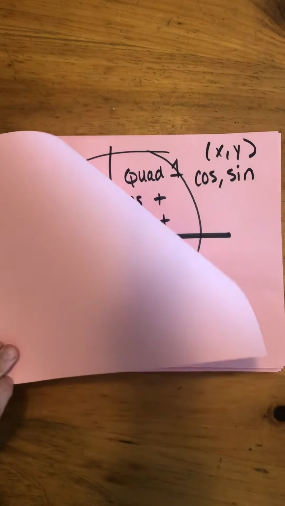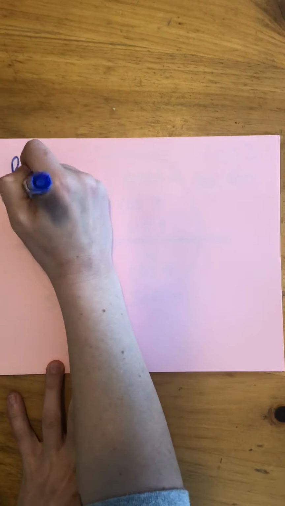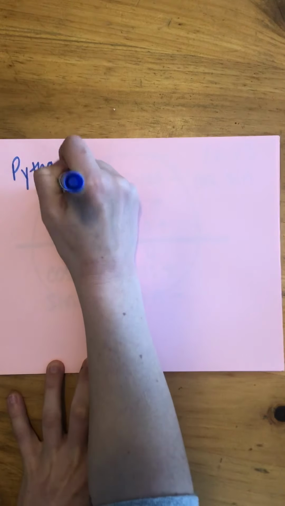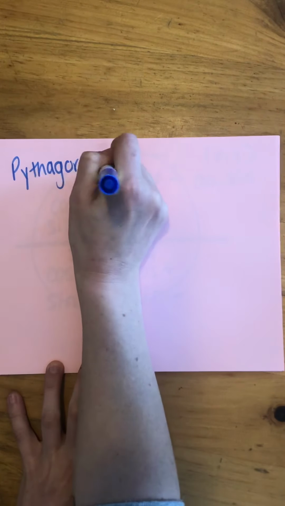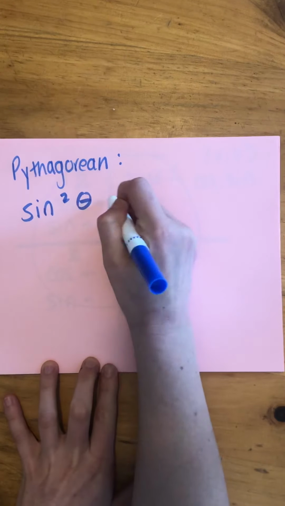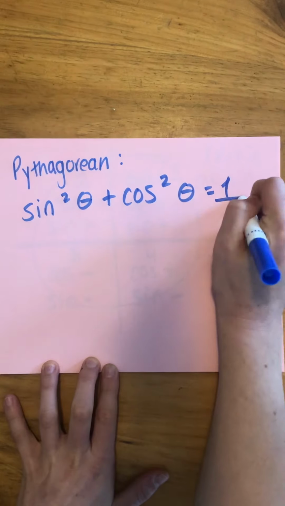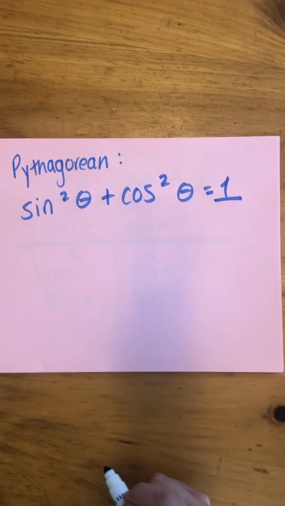All right. What else do we have for identities? So now we have the Pythagorean identities. And the big one here is saying that sine squared theta plus cosine squared theta all equals 1. That's the really important one here. That's the one that we use the most often.